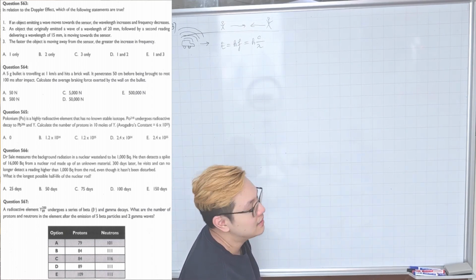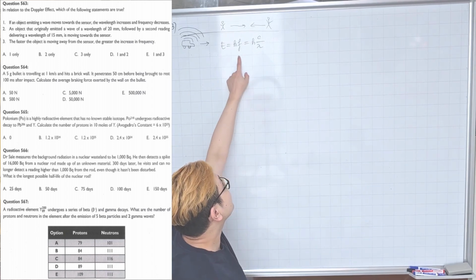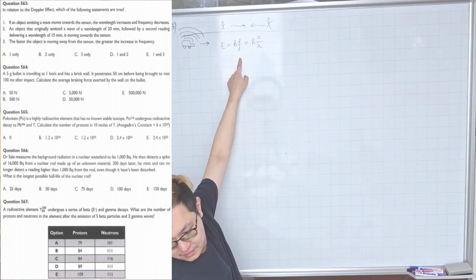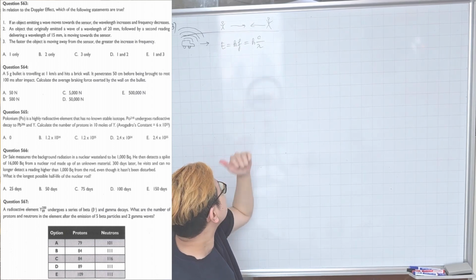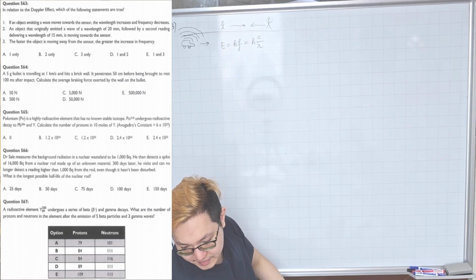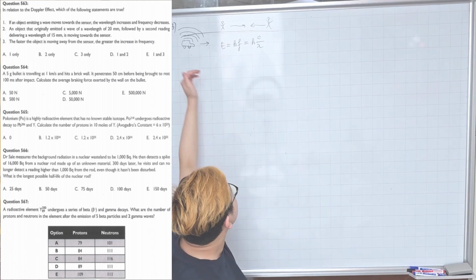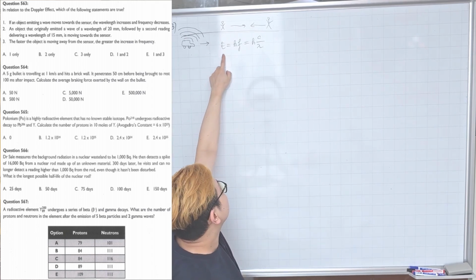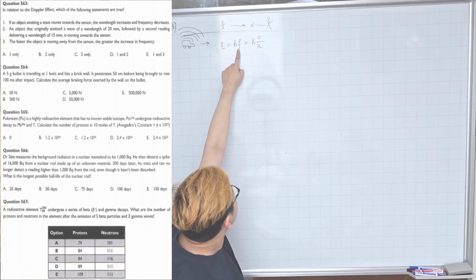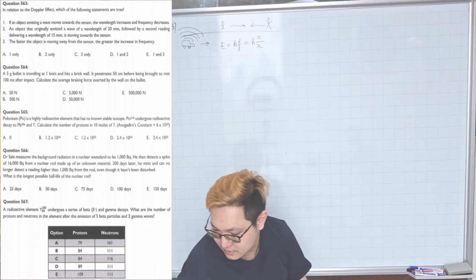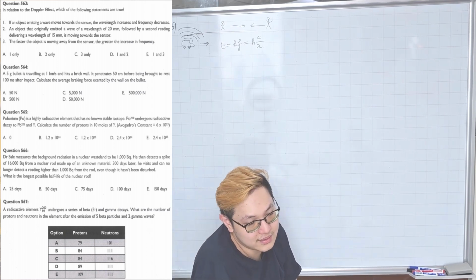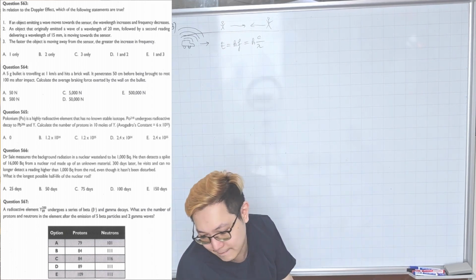Năng lượng nhiều hơn tức là frequency tăng, còn wavelength giảm, right? If it gets louder because the thing is moving near the sensor, it means energy is increasing. If energy increases, f increases and wavelength decreases. So number 1 is wrong. Số 1 sai.